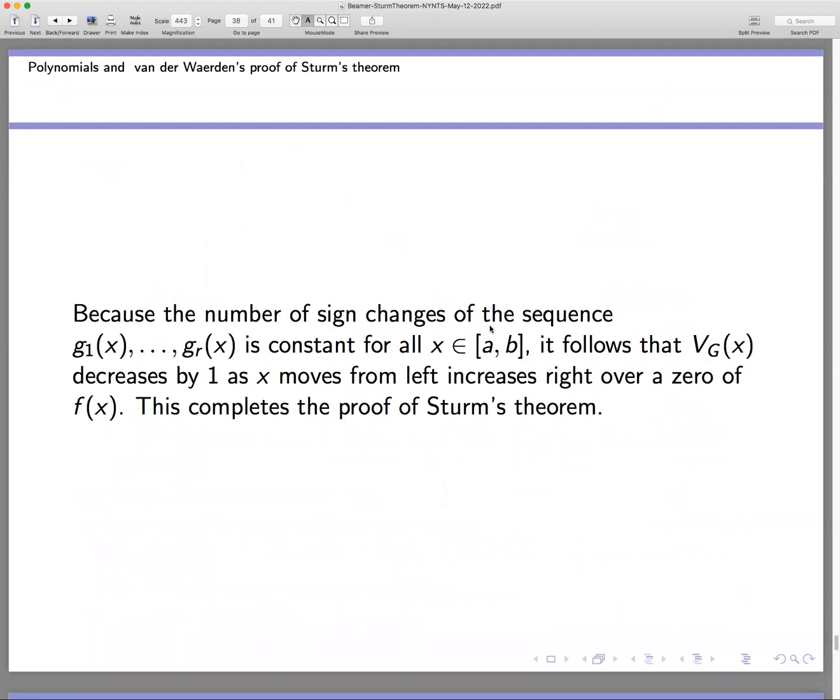So because the number of sign changes of the sequence is constant for all x, it follows that Vg of x decreases by 1 as x moves from left to right over a root of f of x, and that's the proof.